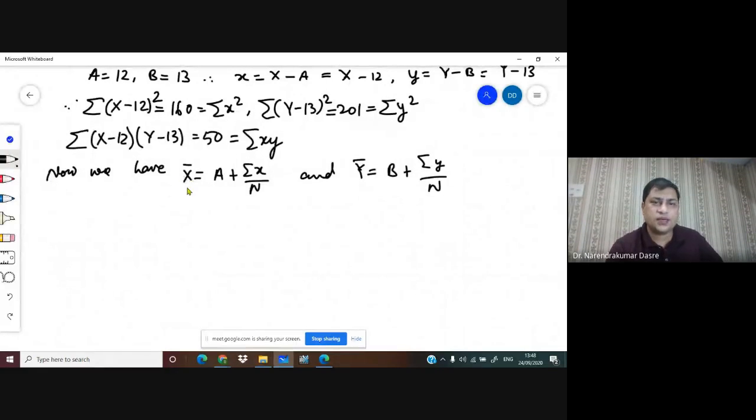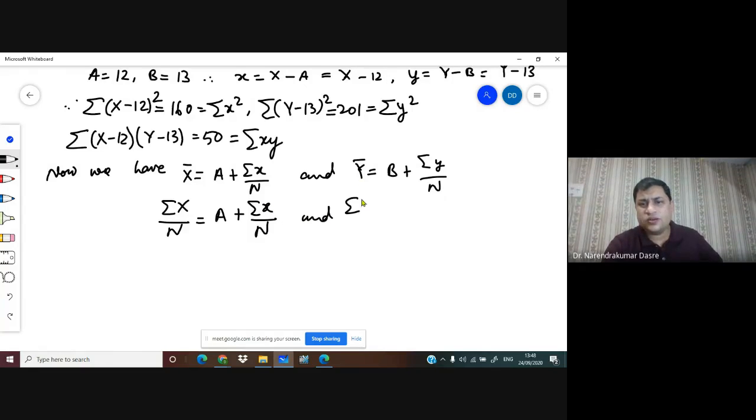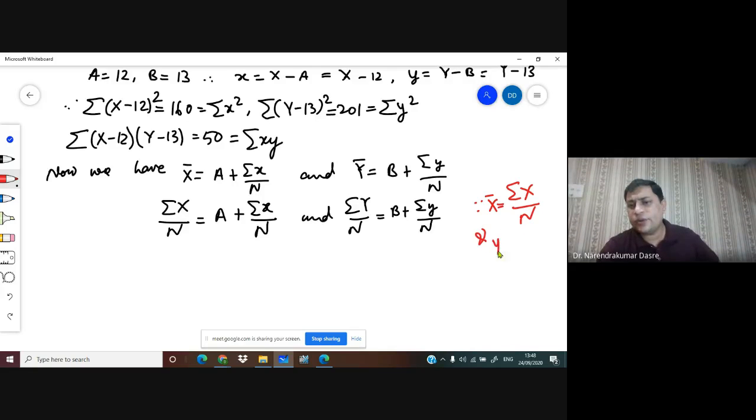What we know is x bar is equal to summation capital X upon n, so this is going to be A plus summation small x upon n. And y bar is summation capital Y upon n, so this is B plus summation small y upon n. Why are we able to write this? Since we know x bar is equal to summation x upon n and y bar is equal to summation y upon n, using this formula we are able to write this.